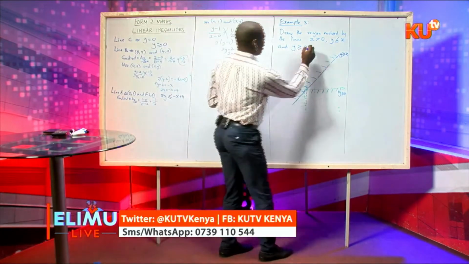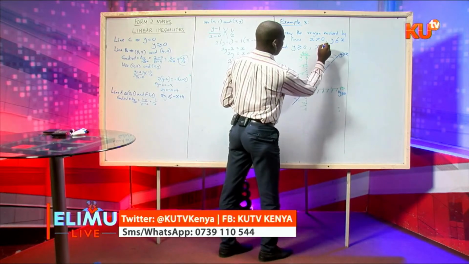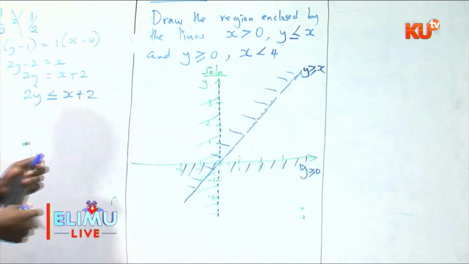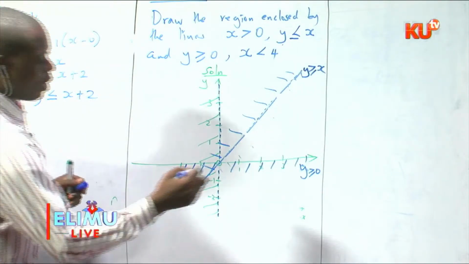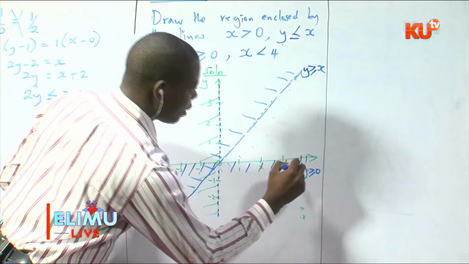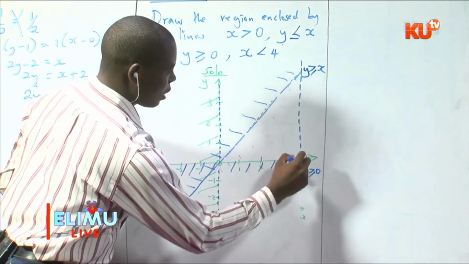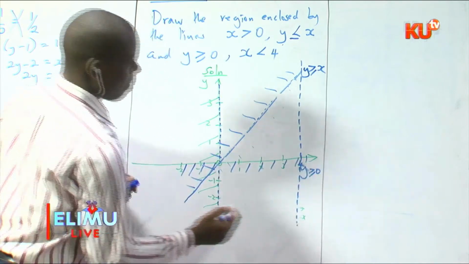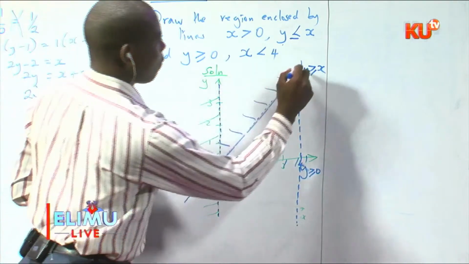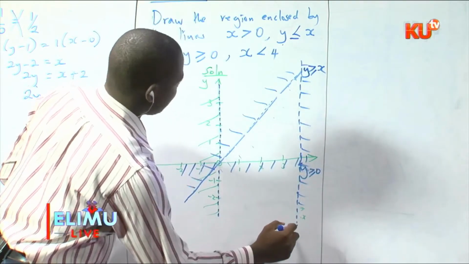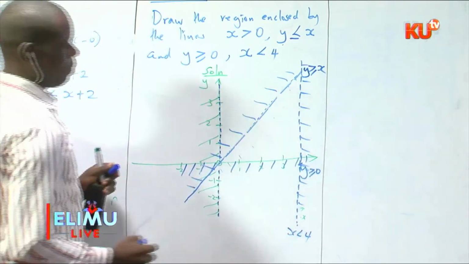And then we add another line, assuming we have x less than 4. On the x-axis, identify where there is 4 and draw a vertical line through x equals 4, dotted, and the values of x less than 4 will be on this side. So this is x less than 4.